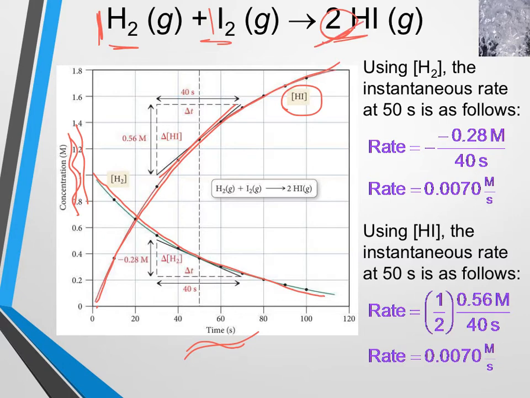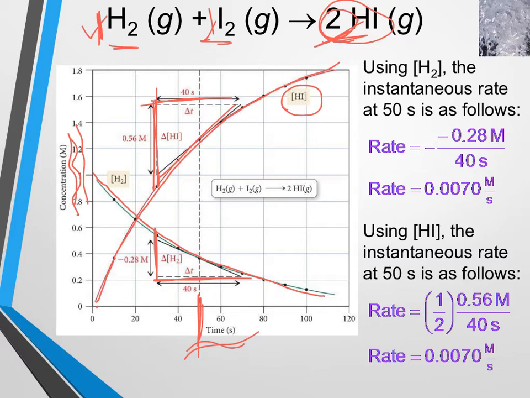So in other words, hydrogen iodide forms 2 times faster than hydrogen disappears or than iodine disappears. And you can measure that in the rate. So assuming you measure the rate at the same amount of time for each of them, you would notice that the rate of appearance of HI is 2 times larger than the rate of disappearance of either hydrogen or iodine.